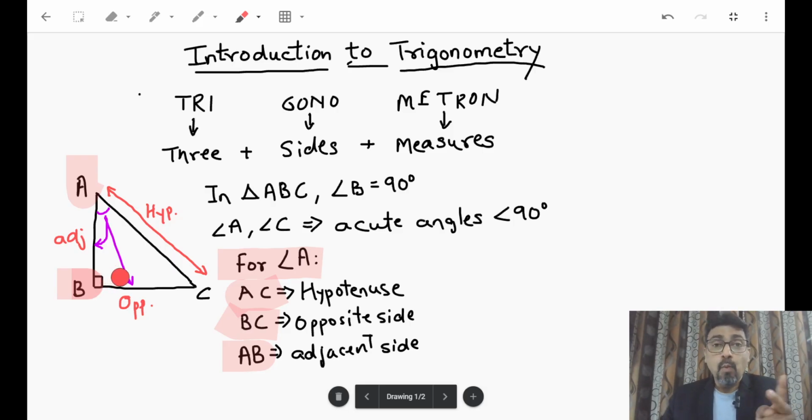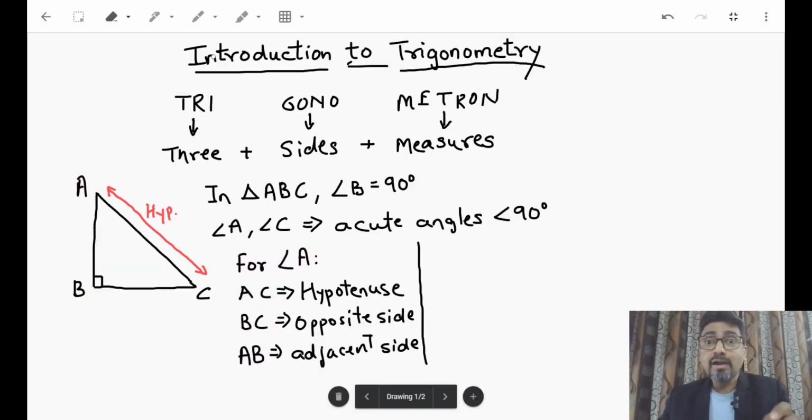Now, considering one of the two acute angles, I consider angle A. The side opposite to A is BC, hence BC is called the opposite side. The side adjacent to angle A, other than the hypotenuse, is called the adjacent side. Here AB is the adjacent side.